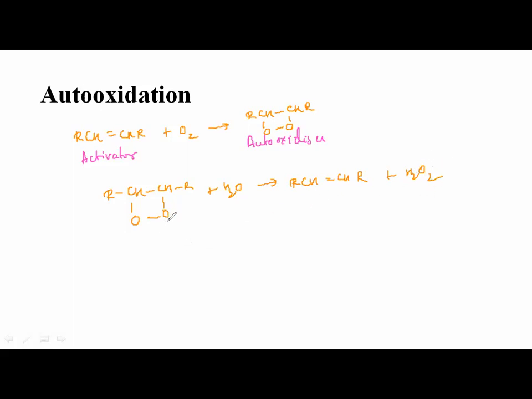Turpentine or this unsaturated compound, which acts as an activator, takes up an oxygen molecule at the double bond position to form an unstable peroxide. This unstable peroxide, the auto-oxidizer, is also called a moloxide. It gives out oxygen on combining with water or any other acceptor and gives us H2O2.